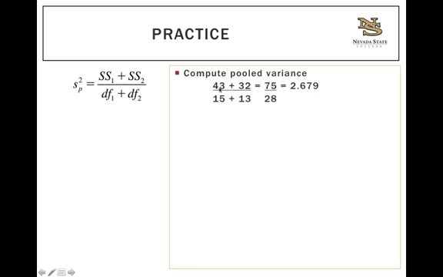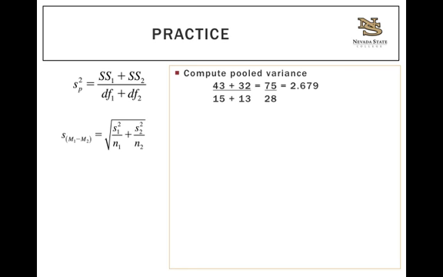So 43 was our sum of squares for group 1, 32 was our sum of squares for group 2, 15 is our degrees of freedom for group 1, 16 minus 1, 13 is our degrees of freedom for group 2, 14 minus 1. That gives us 75 on the top divided by 28 on the bottom, gives us a pooled variance of 2.679. Easy peasy, guys. It's just plopping in numbers.